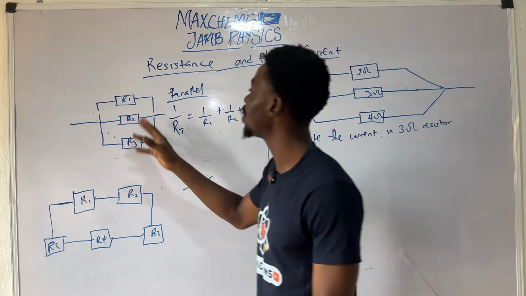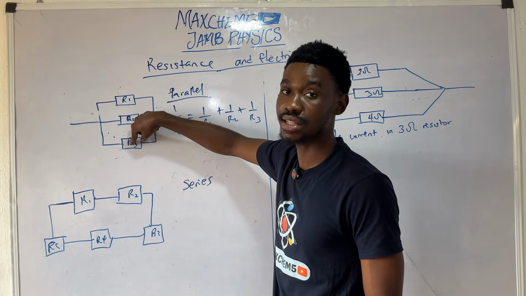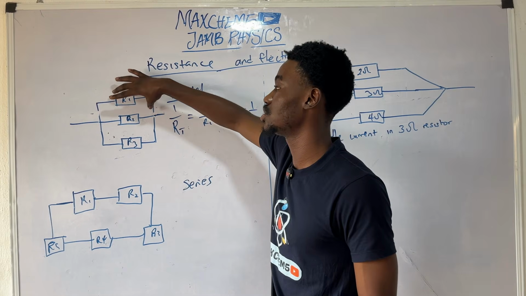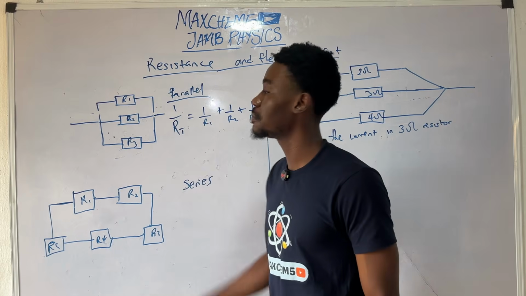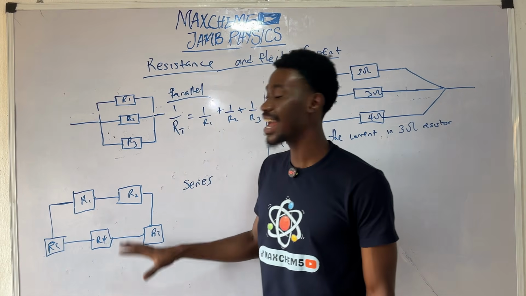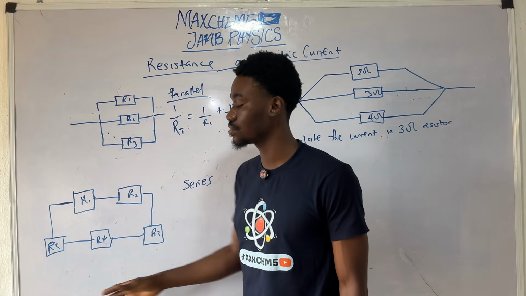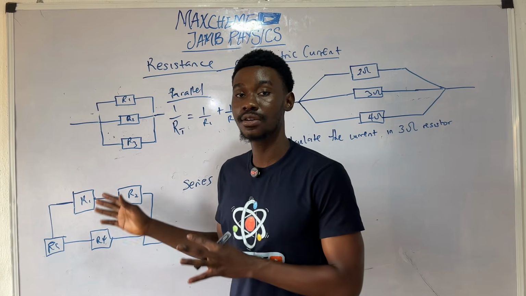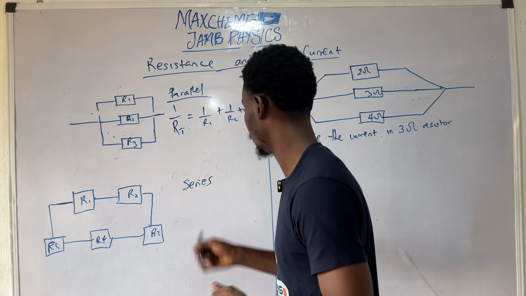But for a parallel configuration, not the same current flows through each resistance, but the same voltage. They all have the same voltage across each resistance, but different current. But for a series configuration, they have the same current flowing through each resistance, but different voltages across each resistance. So that's something to take note of.